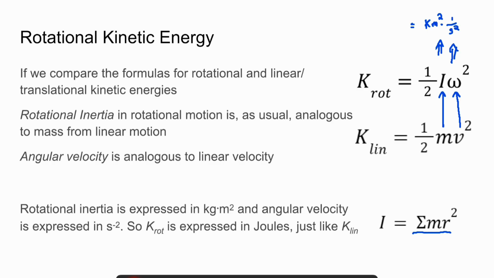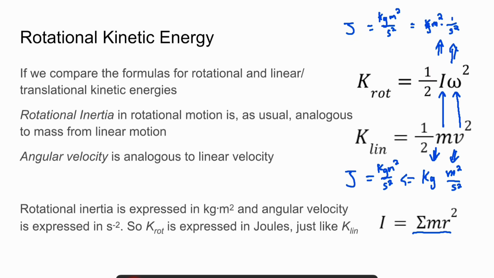That gives us kilograms meters squared over second squared, which, if you remember, is what we collapsed into joules, because that's what we got from our linear kinetic energy. Kilograms is our mass, and then velocity squared is meters squared over second squared, which also gave us kilograms meters squared over second squared, which we collapsed into joules, right?